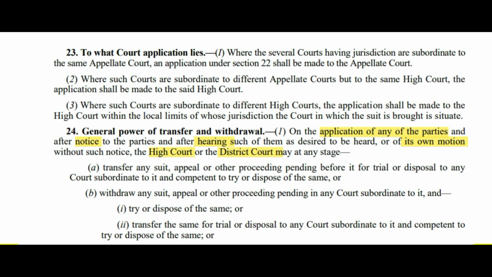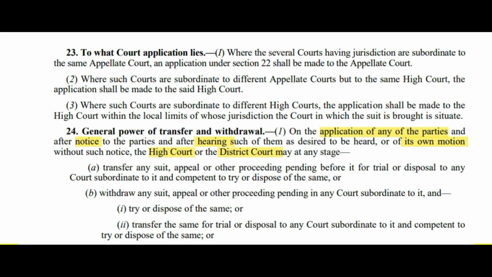Under section 24, you have subsection 1, and under this subsection 1, you have a subclause A. Let us see what section 24(1) subclause A states. This clause states that the High Court or District Court can transfer a suit, appeal or proceeding.